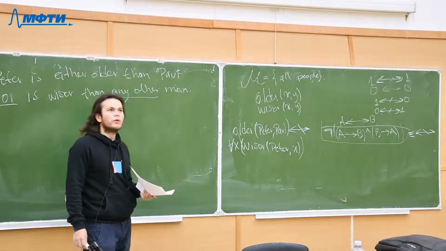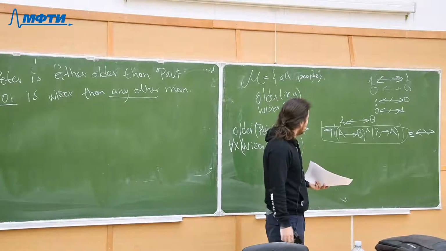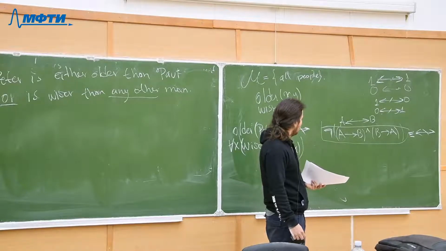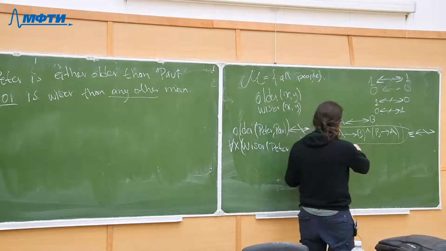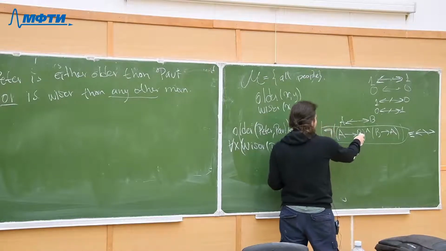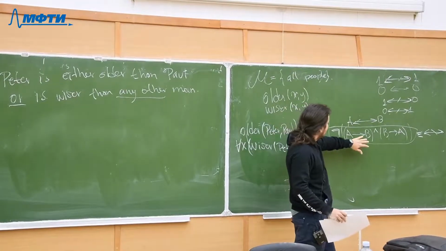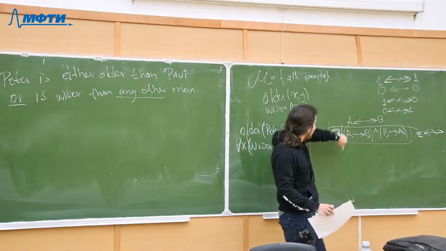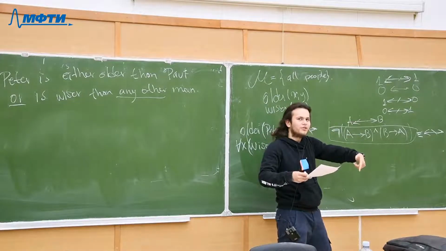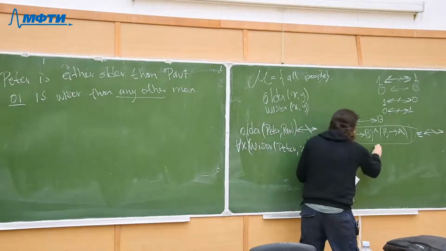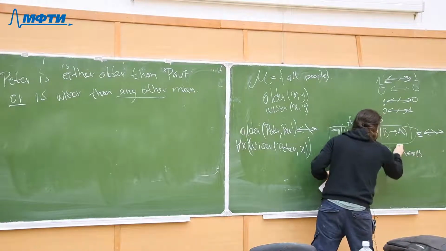Okay, look. If we have A, B, A implies B, A if and only if B, right?